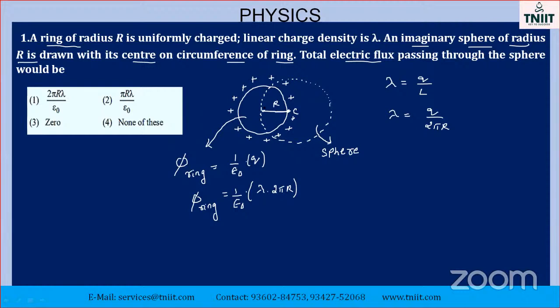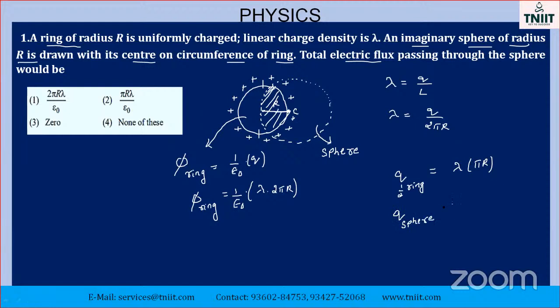So half of the ring means the charge present in half ring is how much? Charge present in half ring is lambda into the length. Length is half of the circumference, pi r. But the sphere is having less than that. So what is the charge enclosed by the sphere?